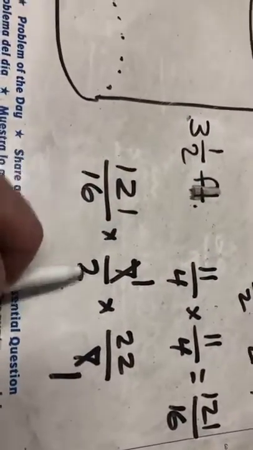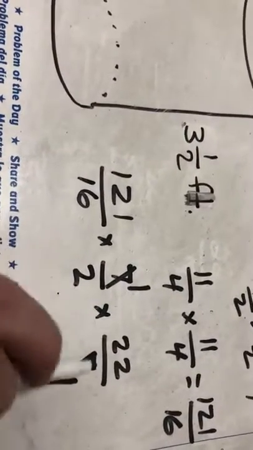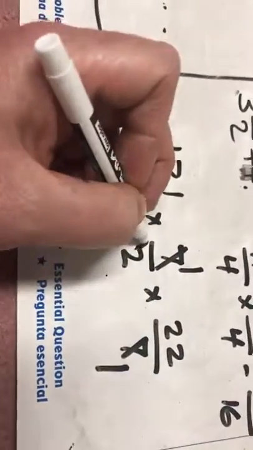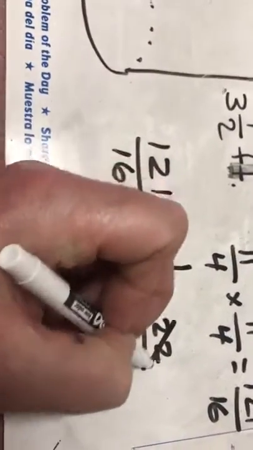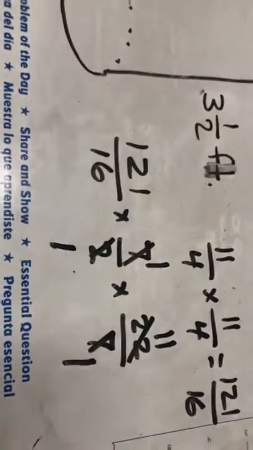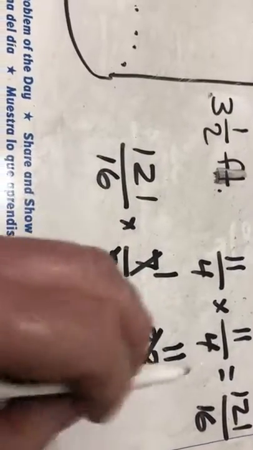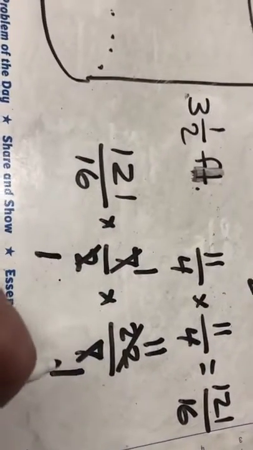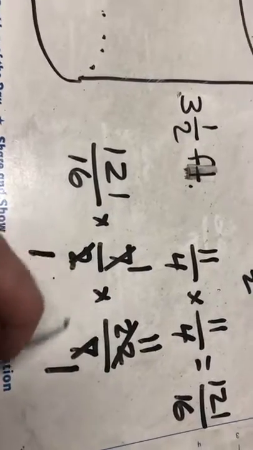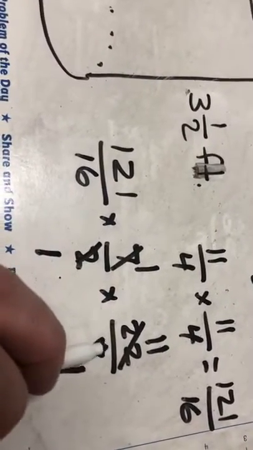I have the 2 here and the 22 here. I can cross-check those. 2 divided by 2 is 1. 22 divided by 2 is 11. Then if I just do that part, I see, well, I can do 1 times 11 is 11, and 1 times 1 is 1. So that gives me 11 over 1, or just 11. Okay?